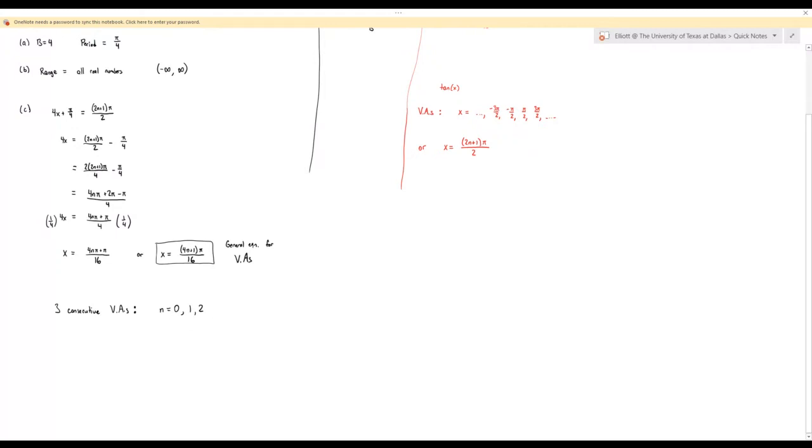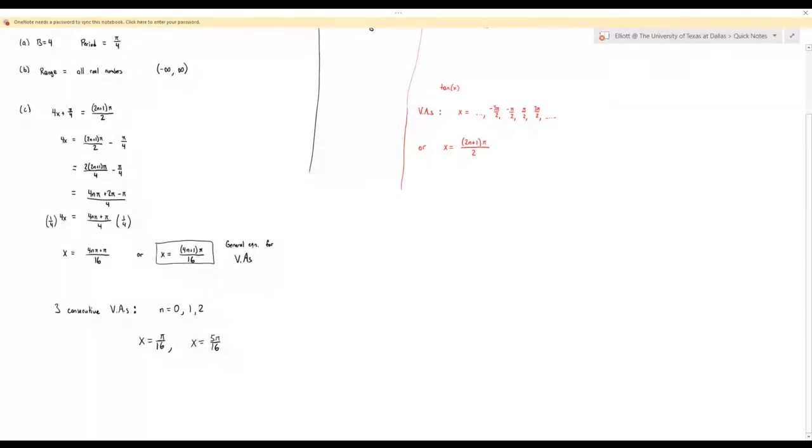Now, when n is 0, if you plug in 0 for n, you'll be left with pi over 16. So that's going to be one of the vertical asymptotes. Next, I'll plug in n equals 1. That will give 5 pi over 16. So that would be the next vertical asymptote after pi over 16.